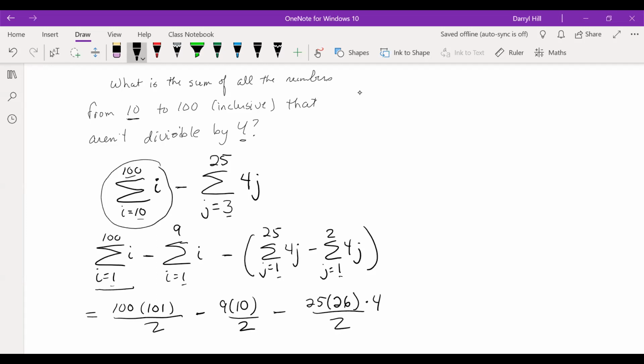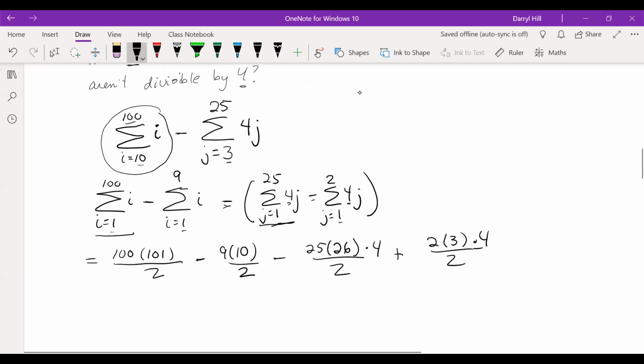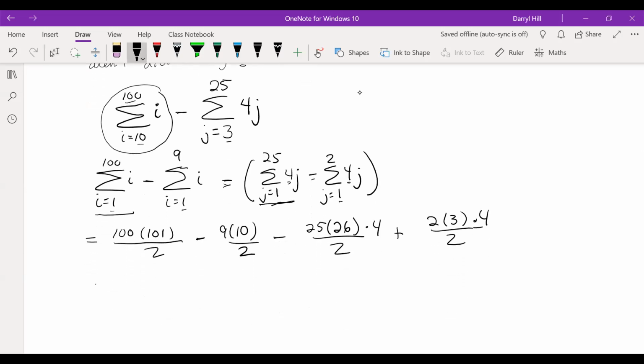That's for this term. And this is minus here and a minus here, so we're going to add this term: 2 times 3 over 2 times 4. The 4 is the constant. Once we have that, you can evaluate. So 5050 minus 45 minus 1300 plus 12.